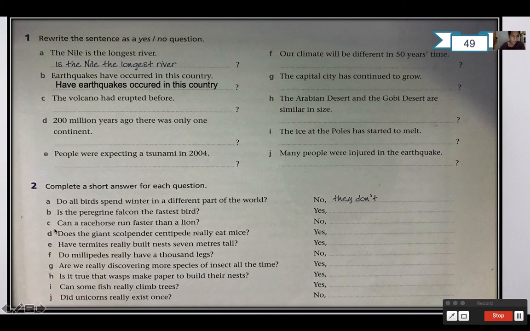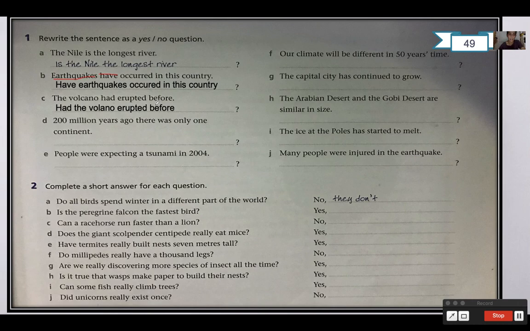What did we do over here? We put first of all the verb and then the noun. You see? Have, earthquakes. Earthquakes is when the earth is moving or shaking, right? Temblores. The volcano had a roof before.